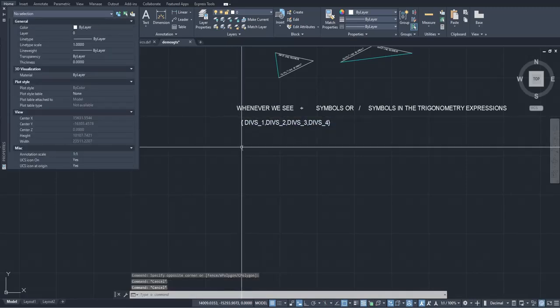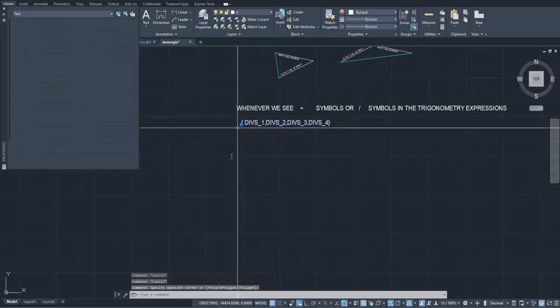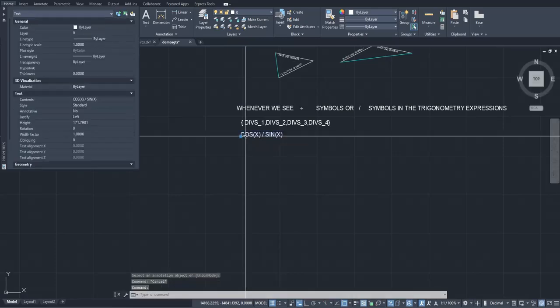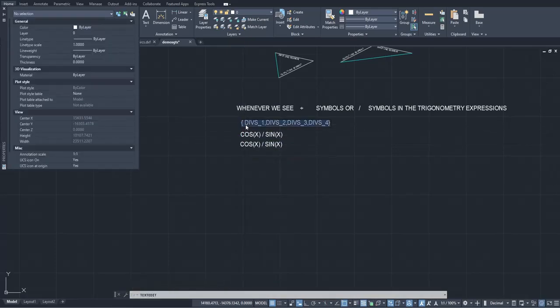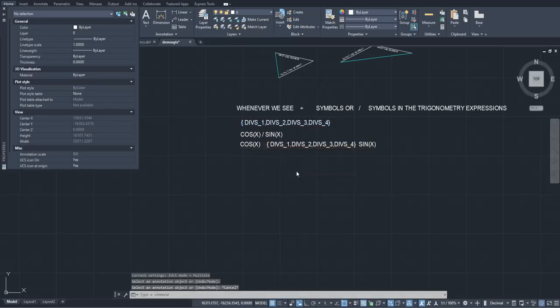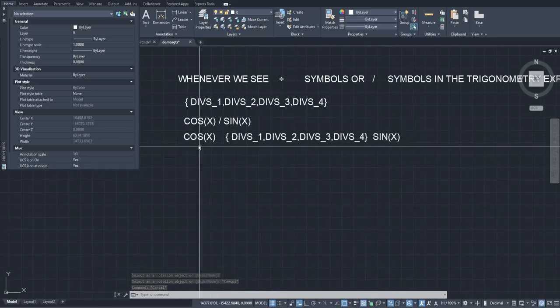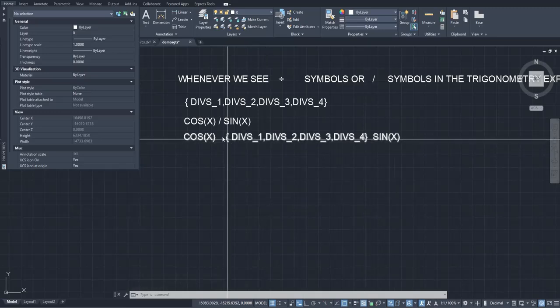Suppose we have an expression like this, cos x divided by sin x, then we will rewrite it as the Cartesian product of cos x divs 1 sin x, cos x divs 2 sin x, cos x divs 3 sin x, cos x divs 4 sin x.